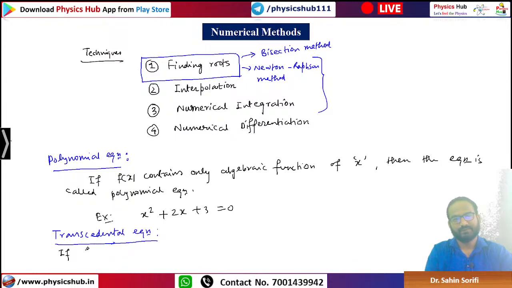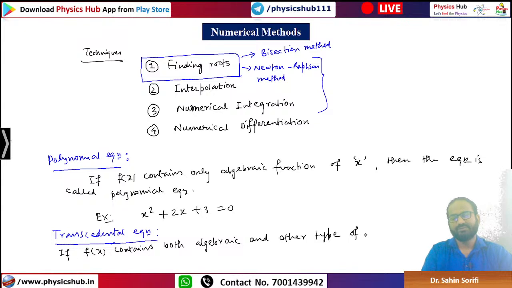If f(x) contains both algebraic and other type of function, it may be sine, cos, tan, or any exponential, then the equation is said to be a transcendental equation.